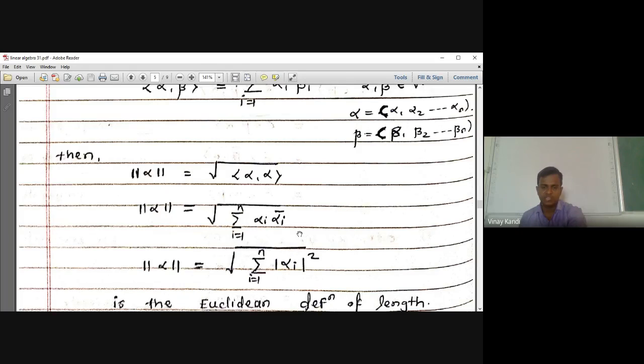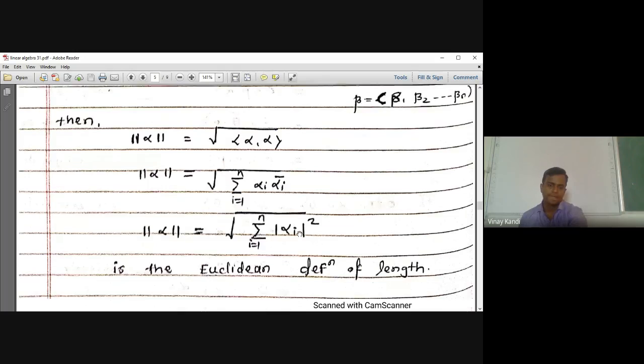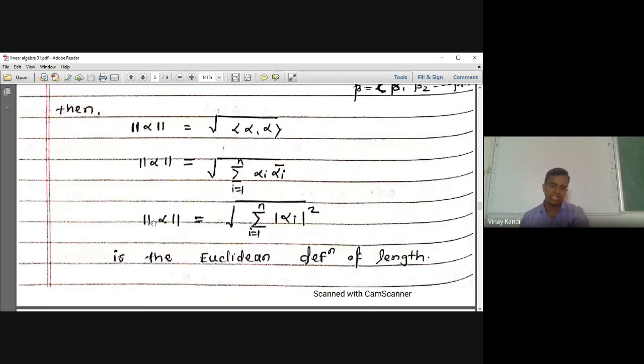Hence, by the definition, norm of alpha or length of alpha is equal to the positive square root of the sum for i equal to 1 to n of mod alpha i square. This is the Euclidean definition of length.